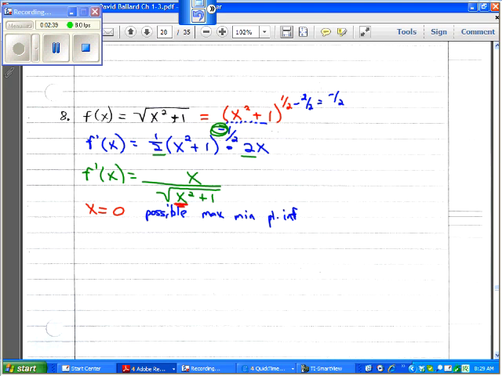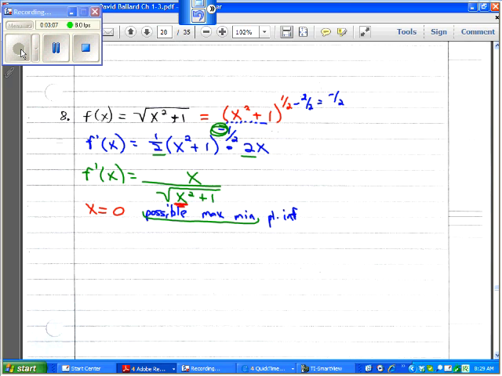So one of those three things could possibly be going on. We're actually looking for relative extrema, so we're hoping that at that 0 there's a possible max or min, but we'll find out. And the way we can find out is we can plug that critical number into the second derivative and check for concavity.